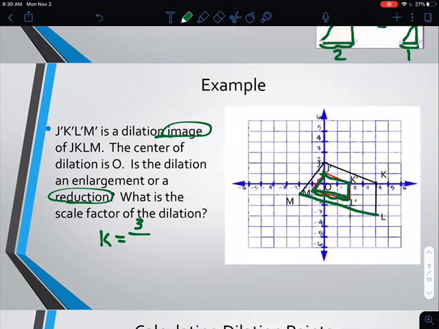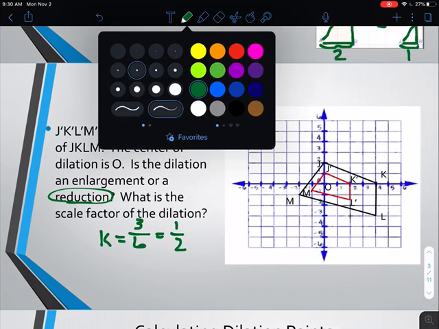When I match it with its corresponding pre-image, ML, I can see how far it spanned from left to right: 1, 2, 3, 4, 5, 6. So there's my pre-image. Then 3 over 6 reduces down to 1 over 2. So J prime, K prime, L prime, M prime was half as big as JKLM.